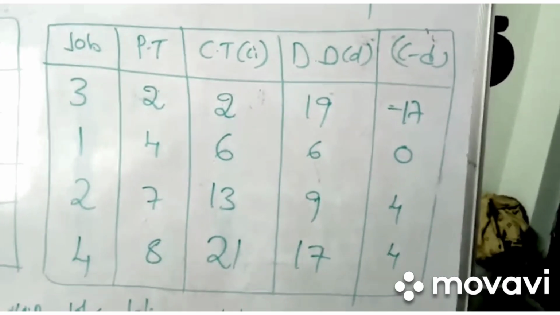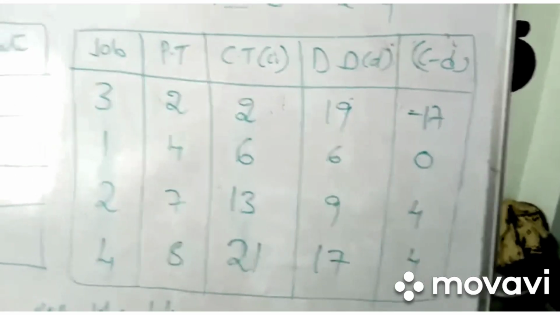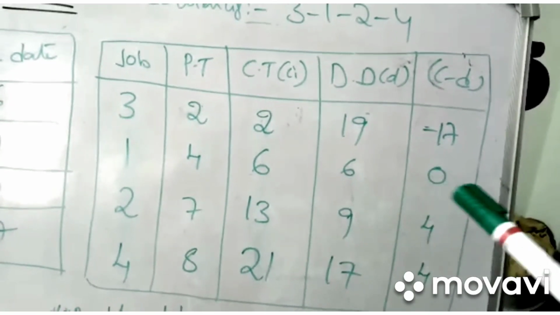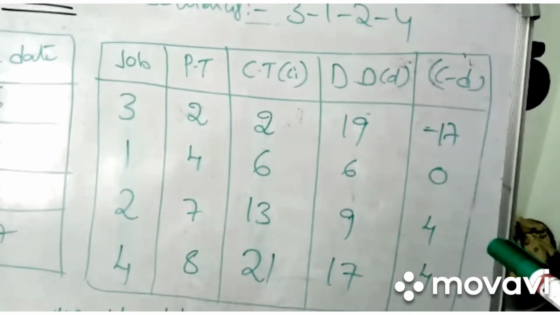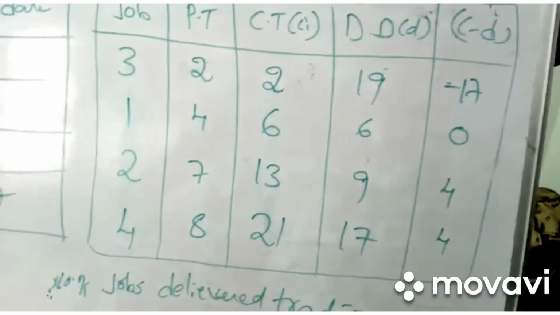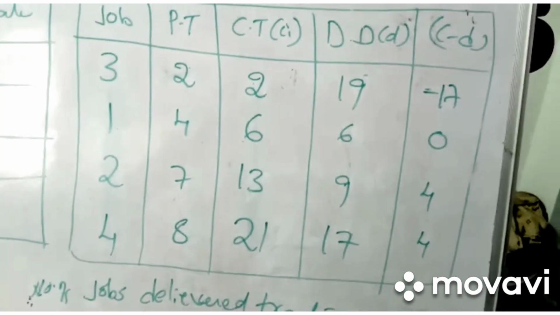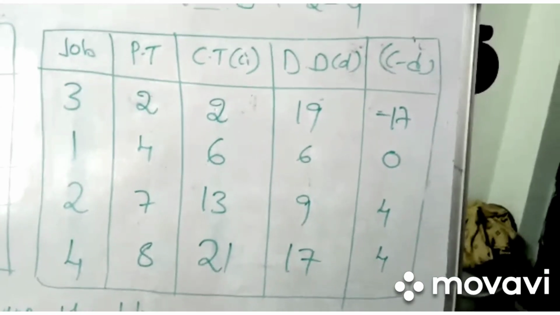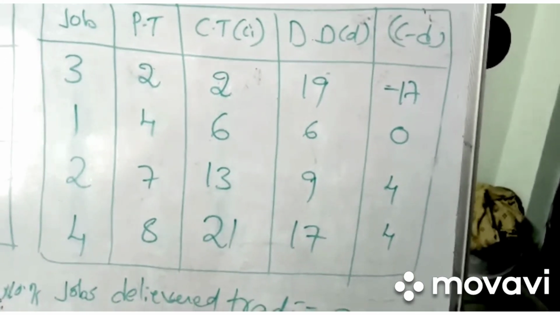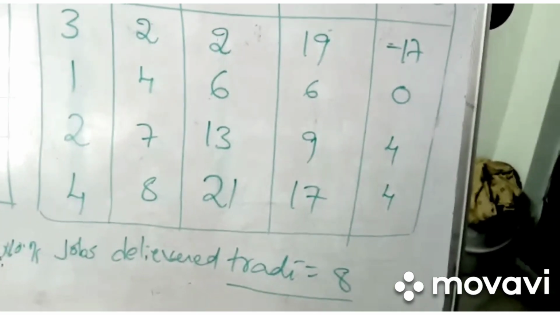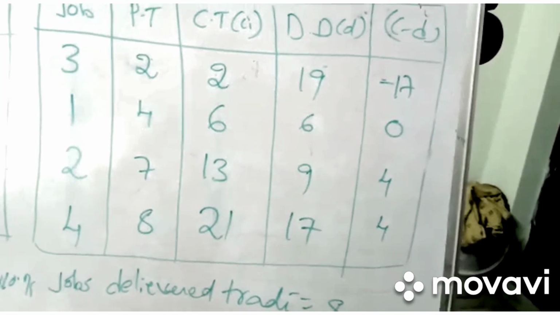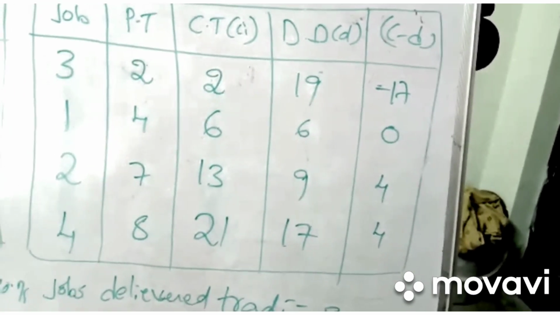How many positive values do you have? Simply: 2 minus 19 is minus 17, 6 minus 6 is 0, 15 minus 9 is 6, and 21 minus 17 is 4. Among these C minus D values we have only two positive values, 4 plus 4, that is 8. That means the total tardiness is 8. Tardiness is the positive value and lateness is the negative value.